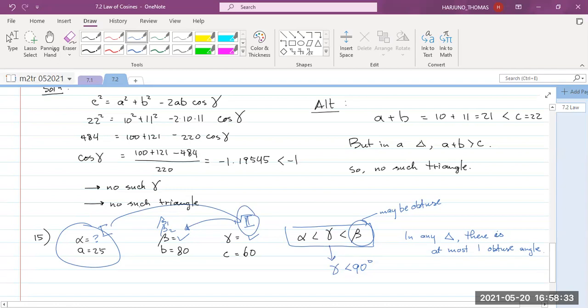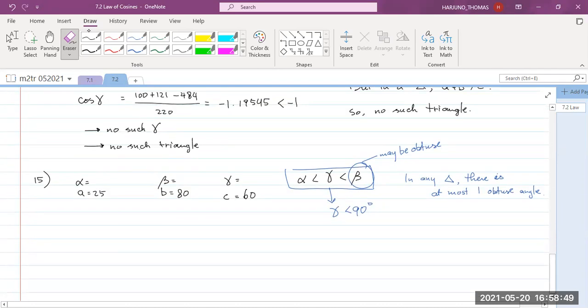Now this explanation comes to our discussion because we have so much freedom, right? We can find alpha first and then beta and then gamma. You have so much freedom such that you should think about how to avoid having the ambiguity case. So let me do as I planned.